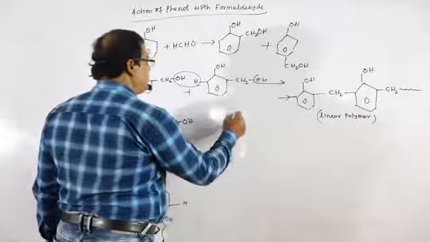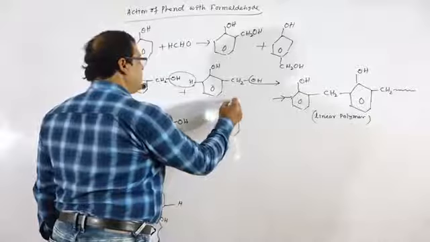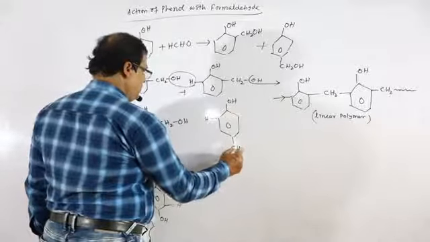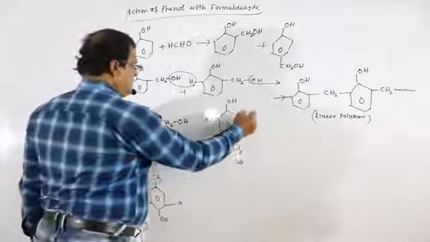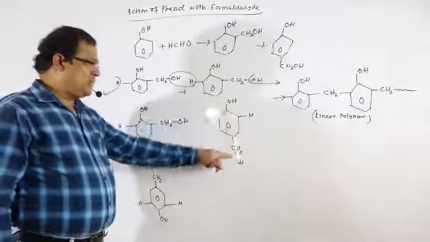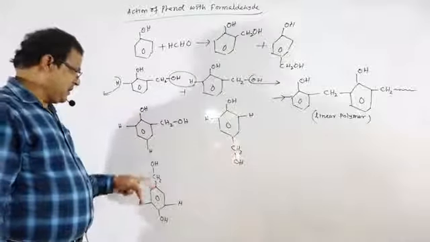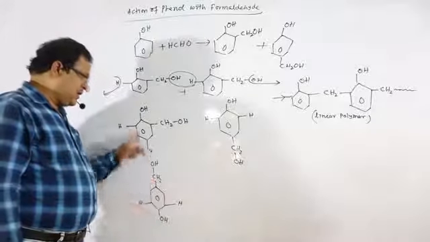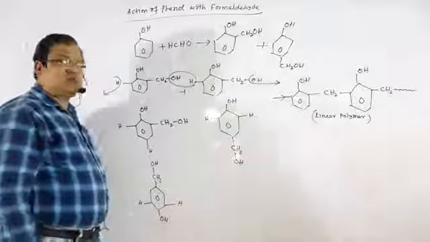Again this combines with the para product, with OH and CH2OH in the para position, OH and CH2OH in the ortho position, and OH, CH2OH in the para position. Para, ortho, para; next we will write down another ortho product.